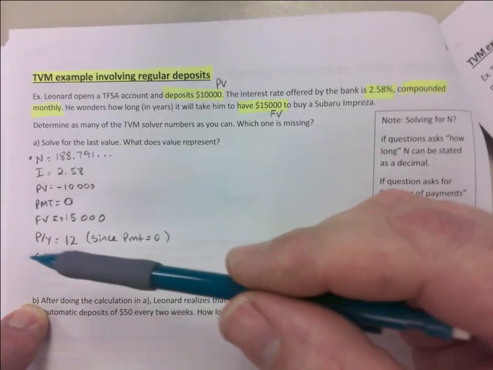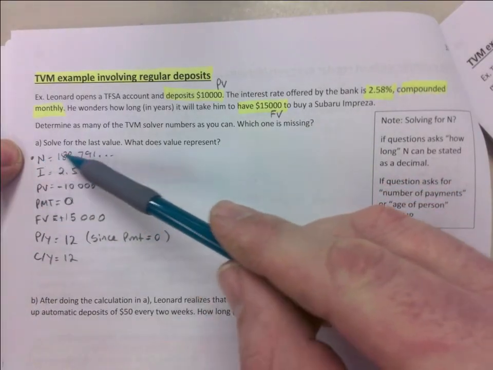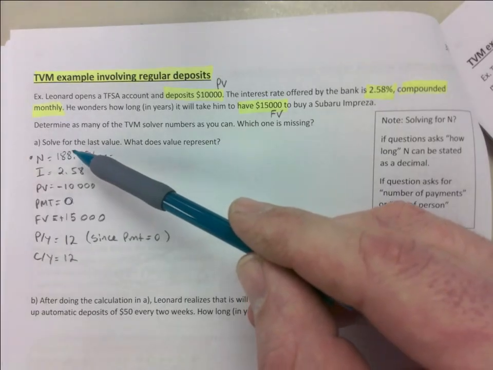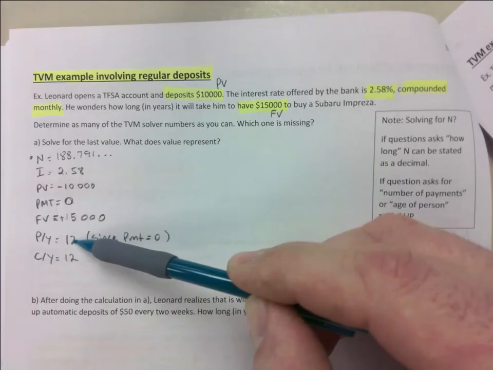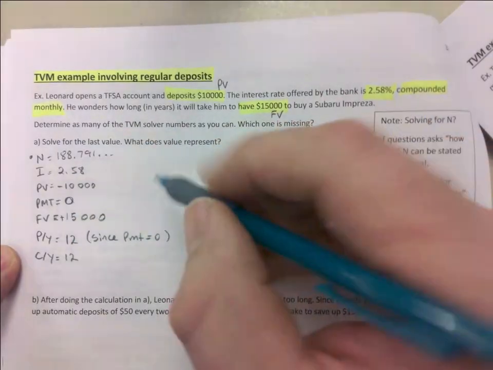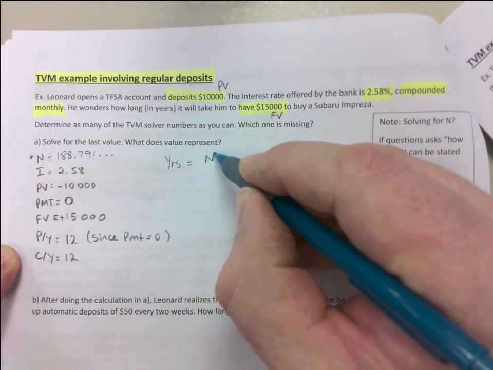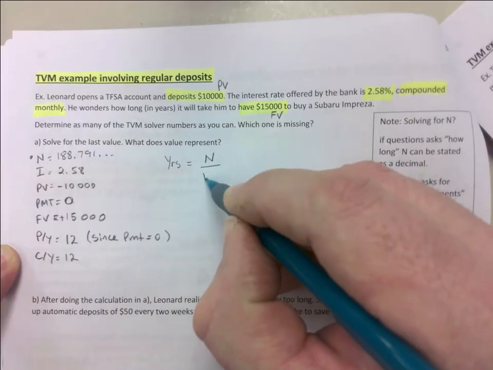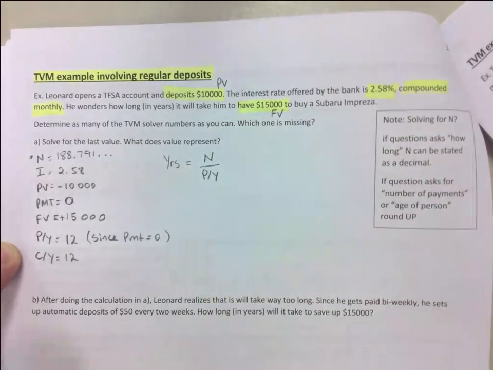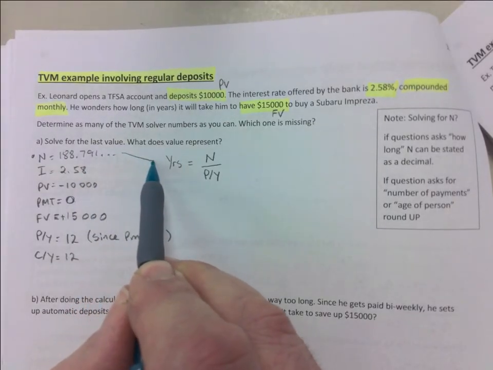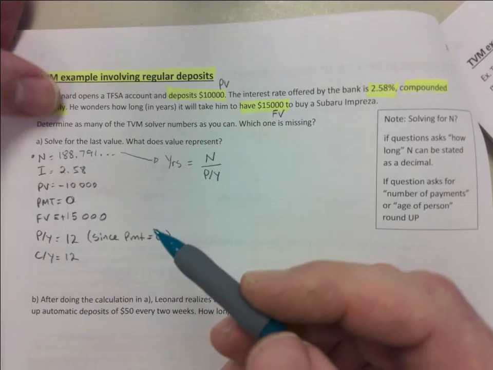Before we answer, what do we normally do to figure out N if we are able to find it? Years times PY, correct? So to get the years, you have to go N divided by PY. So we're going to use this to figure out our years.